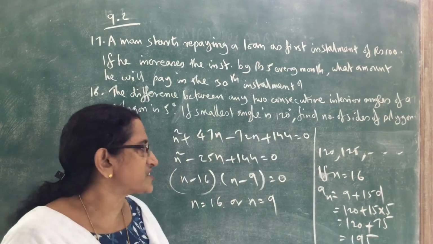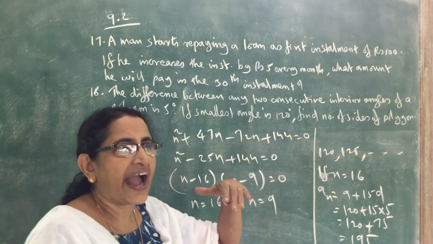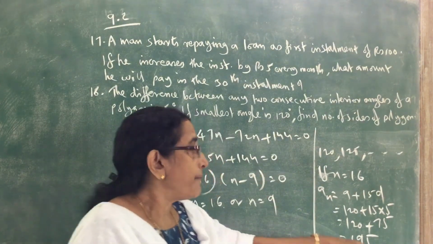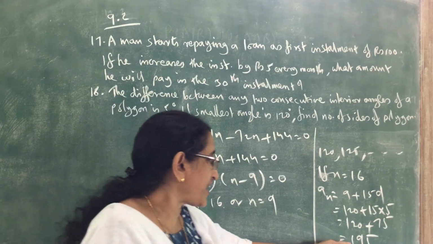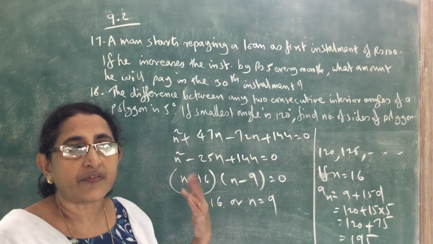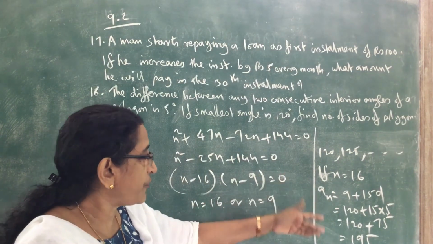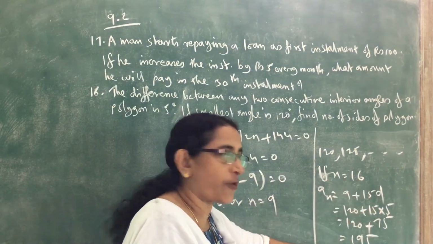So if n equals 16, the last angle is 195. But an interior angle will not be more than 180 degrees. Here 195 is more than 180, so it is not possible. n equals 16 is not possible.